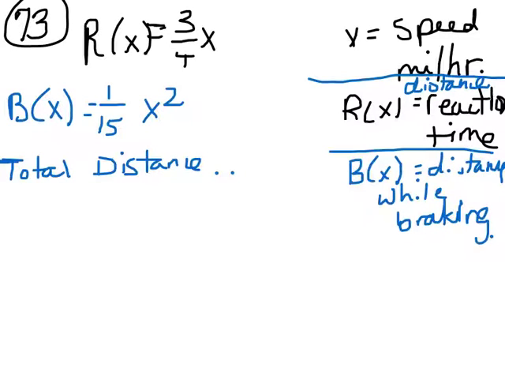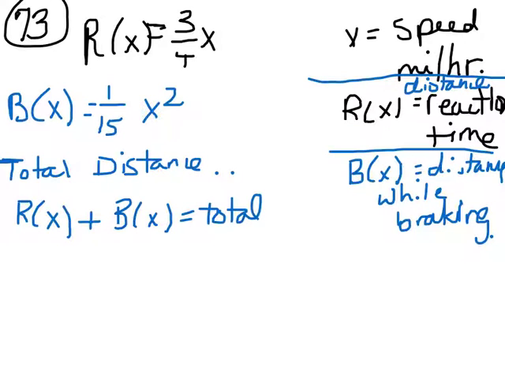Wouldn't you just add those distances together? So if we want to describe the total distance, it would be the reaction time distance, which I'm just going to write as R of x, so it'll fit on the iPad, and then your braking distance. That would be your total distance, right? Couldn't I then just put in the expressions that represent each equation?